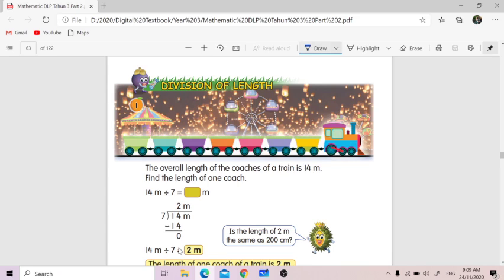In a mathematics sentence, we always have three numbers. I would like to have the first number, then the division symbol, then the second number equals the third number. The first number will always be the total.